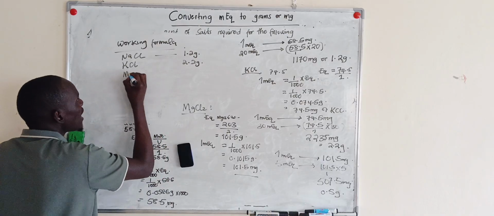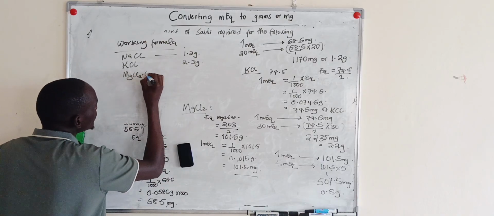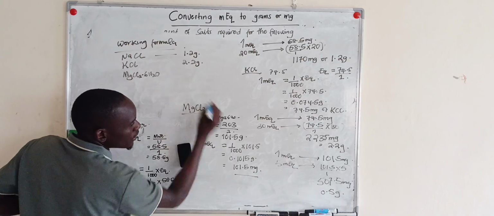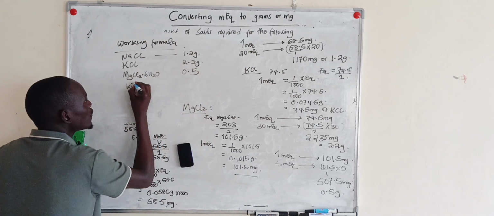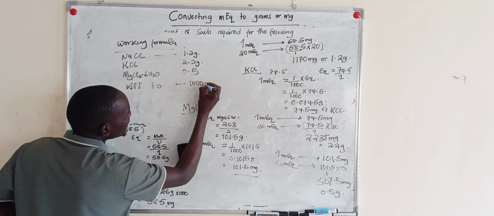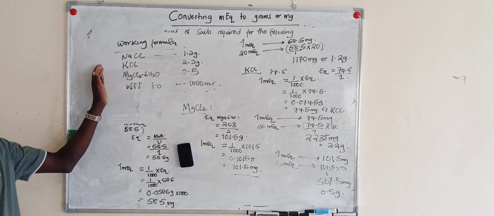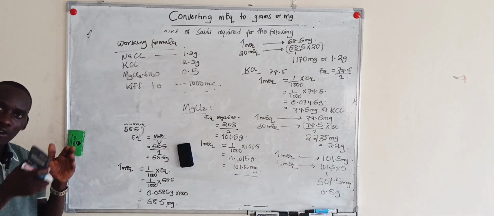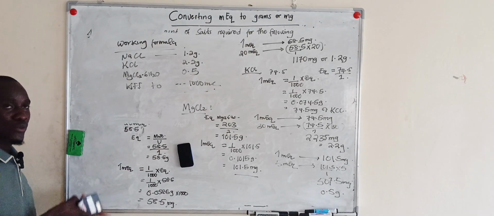We shall also have magnesium chloride, which we have obtained from our question as 0.5. Then water for injection, add to 1000 mL, and that becomes our final product formula for this question. And that's how we can convert from milliequivalents to milligrams or grams.